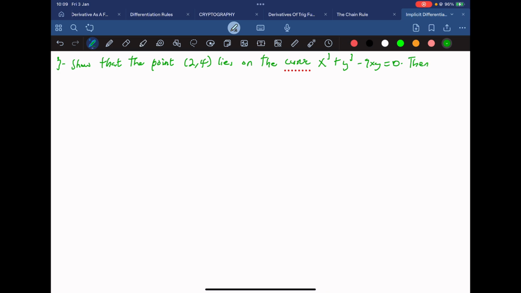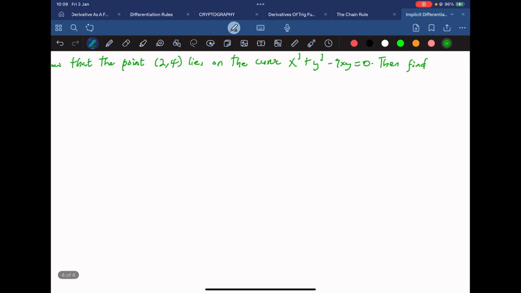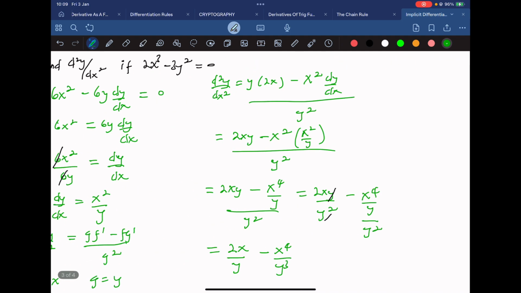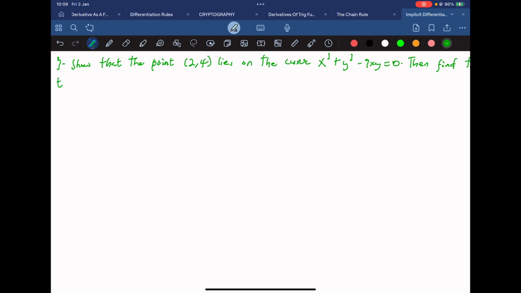Then we have to find the tangent line and normal line to the curve.